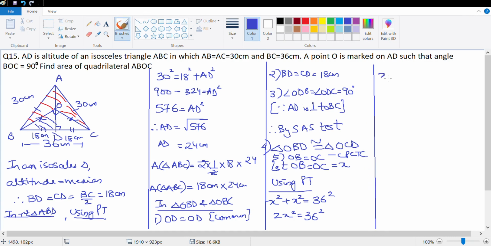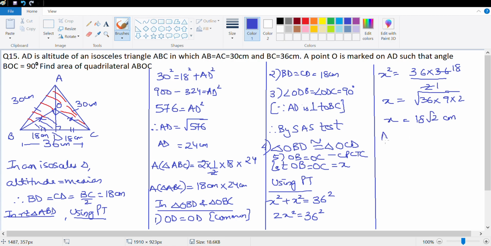Next, x square is equal to 36 into 36 upon 2. That's 2 1 and 2 18. X would be equal to square root of 36 into 18. I'm writing it as 9 into 2. So out of 36, 6 comes out, out of 9, 3 comes out. That's 18 root 2 centimeter. So value of X is 18 root 2 centimeter.